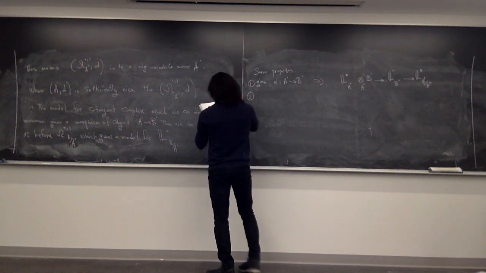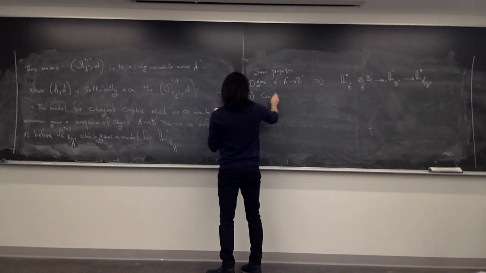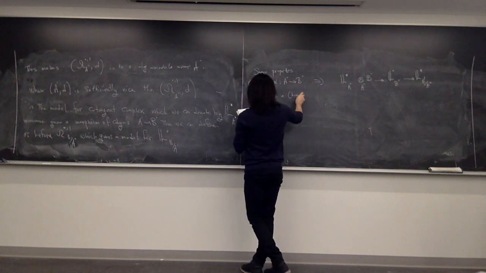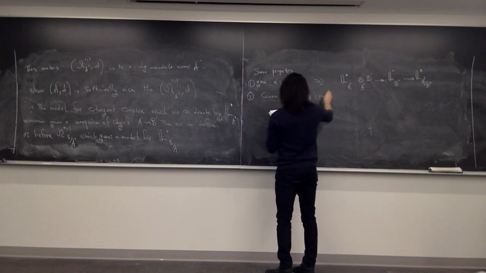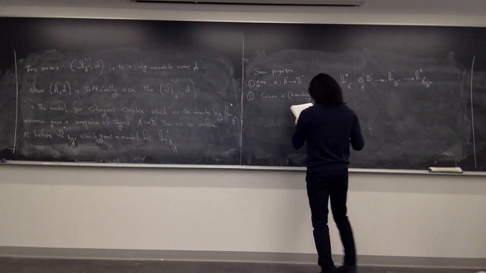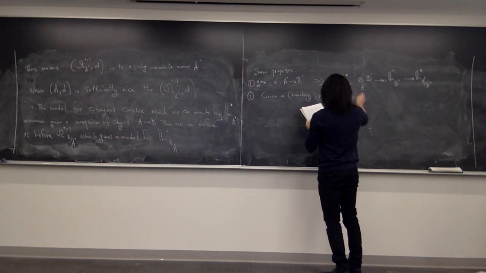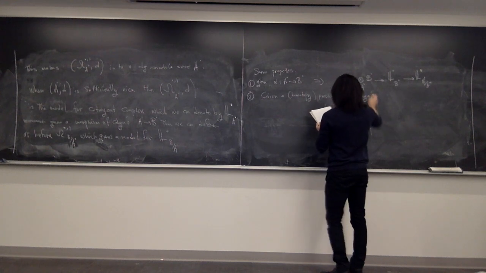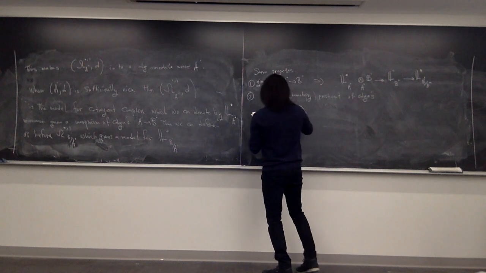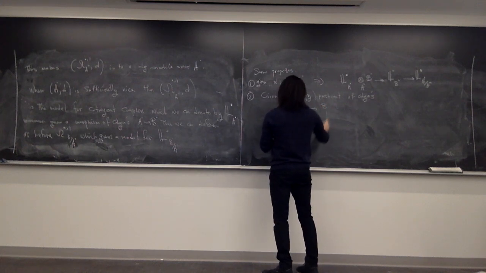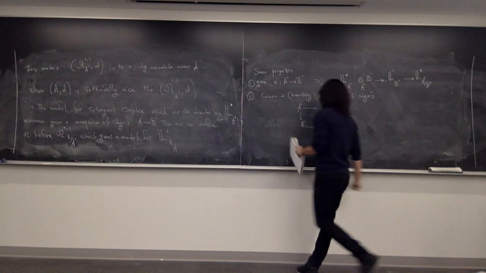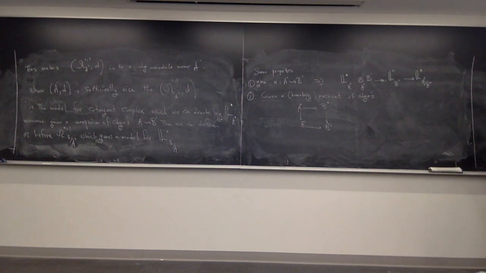2, given a homotopy pushout of CDGAs, let's say A goes to A prime, then goes to B, then goes to B prime, you always have a base change.